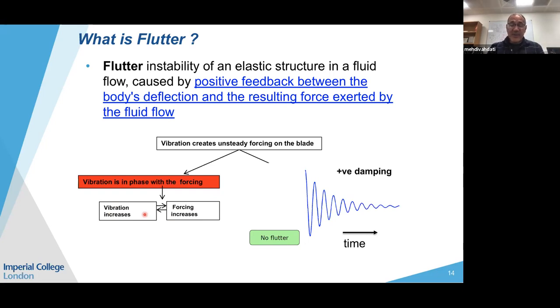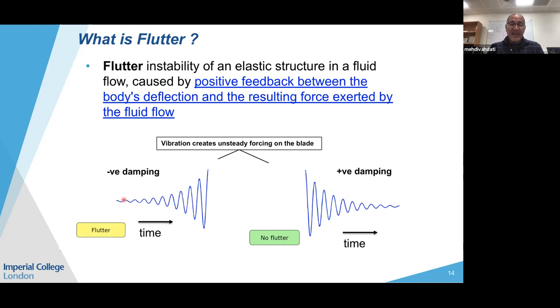This is what we call flutter. In this presentation, I refer to it as negative damping. Obviously, not all flutter cases grow indefinitely; they usually reach a limit cycle due to a non-linearity of the system. So this is an unstable case, as is quite obvious from this picture.